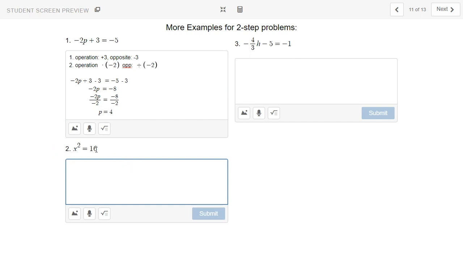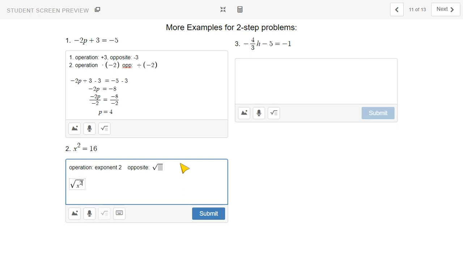x squared is equal to 16. Now, we know that the operation is an exponent of 2. We said the opposite operation of exponent 2 is to take the square root. Let's rewrite it.